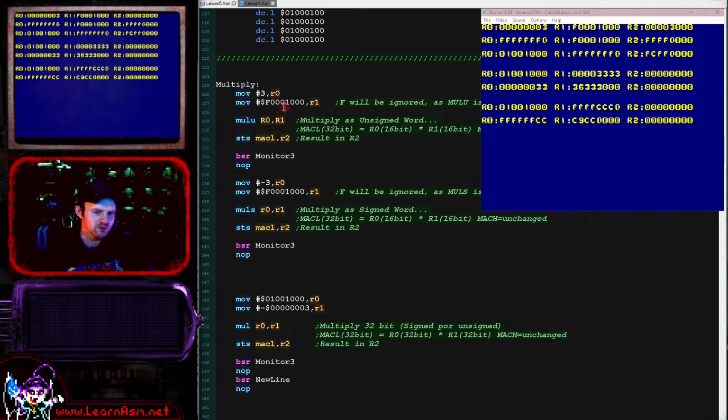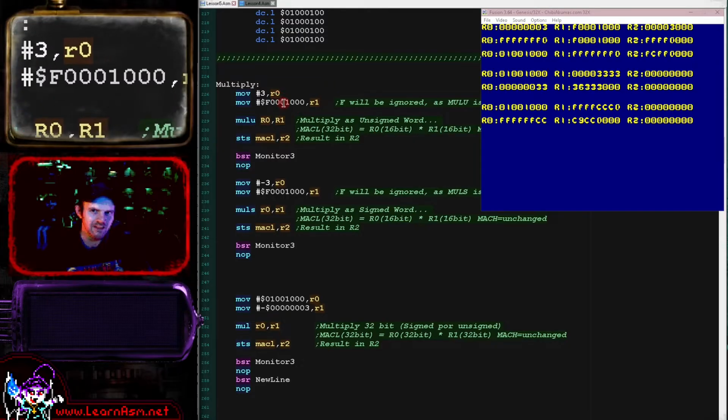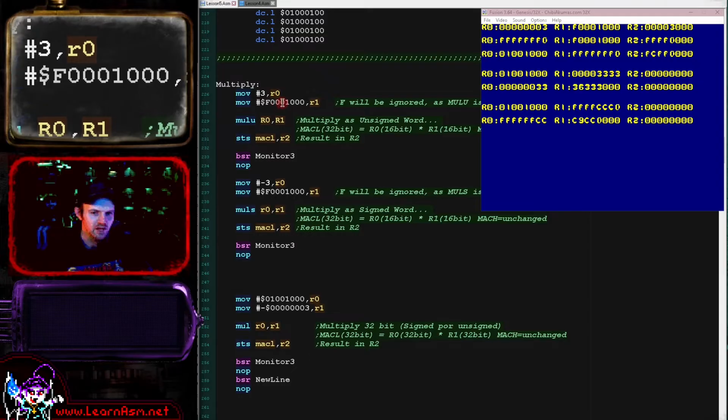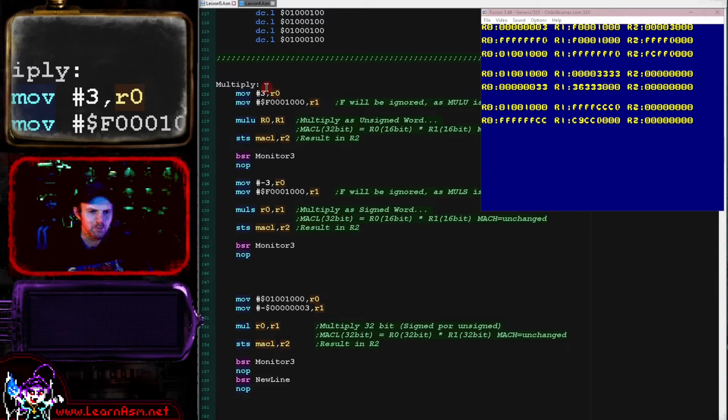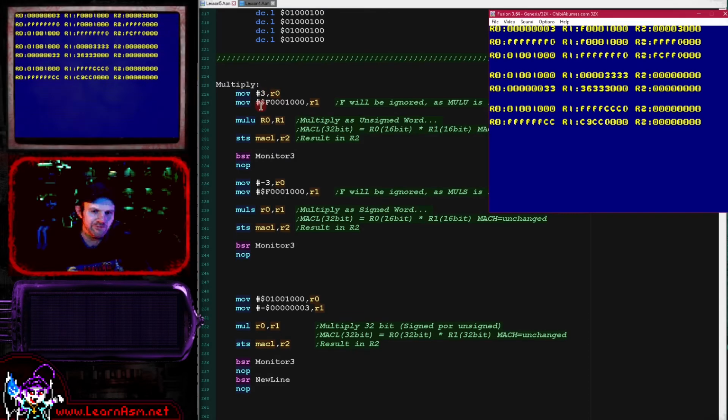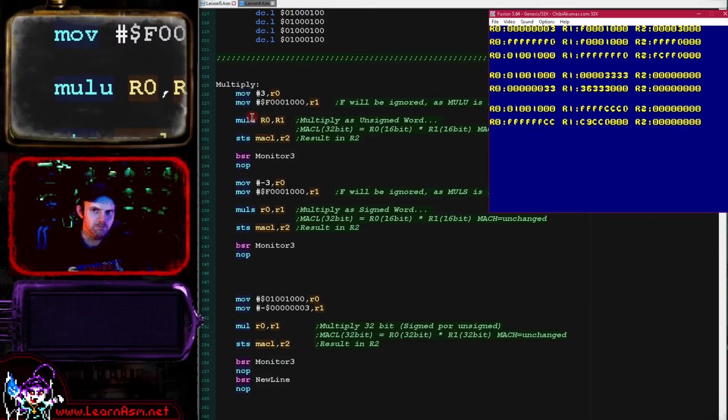Now what we're going to do is perform a variety of commands, and we're going to take the value F000100, that's a hexadecimal value of course, and we're effectively going to multiply that by 3. The first command we're going to use is MULU, M-U-L-U. This returns a 32-bit value from 2 16-bit parameters.